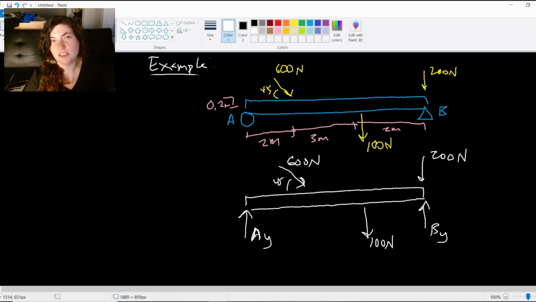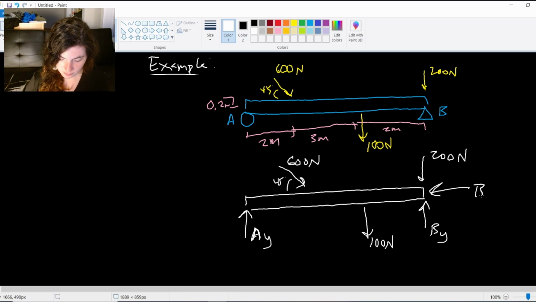This is a common naming convention that we see. But name things in a way that makes sense to you. Make sure that you're saying that this is in the Y direction. Again, B is a pinned connection, so it also has an X component, Bx. So just make sure that you're very clear on where these things are acting, what kind of connections you have, what kind of support reactions those have, and how that changes the way your diagram looks.